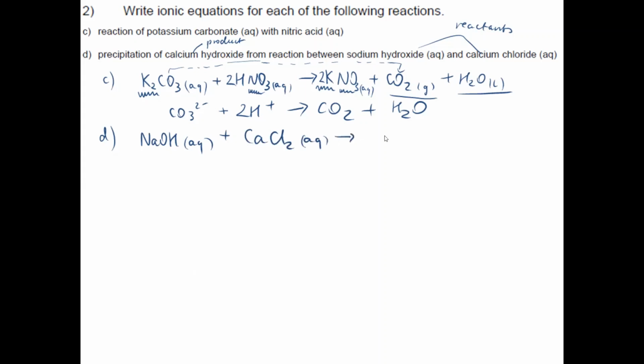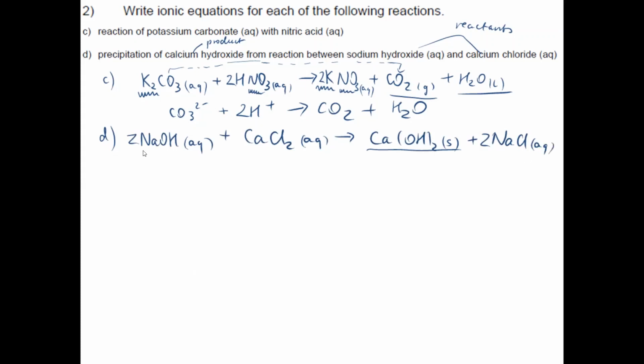Okay, and you get precipitate, calcium hydroxide, and that's a solid. It's precipitate, it's going to stay. And what else do we make? NaCl, 2 NaCl. Okay, is that balanced? Now it's balanced. Okay, so once we're happy with that, you can see this is aq as well.